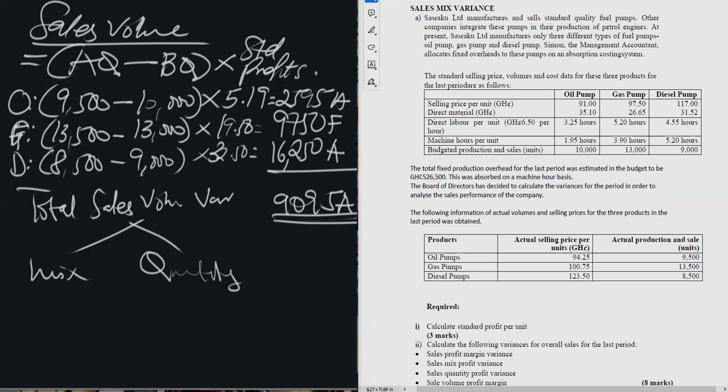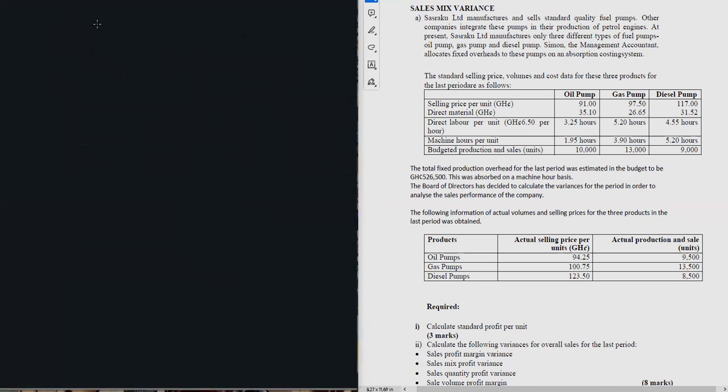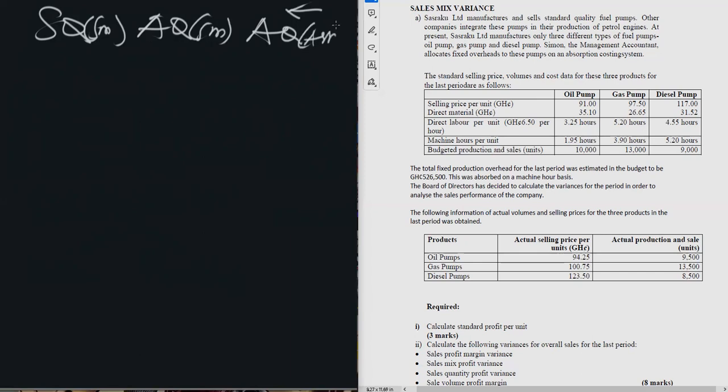So since we know mix and quantity, I told you you do your SQ, AQ, AQ, right? Then you move in the opposite direction. So in that case, you put here SM, SM, and AM. And these are the only variables you're actually going to find in this kind of questions. So once I've done this, I rearrange because I'm doing sales, right? Sales means that you go in the opposite direction. So you start from the last.